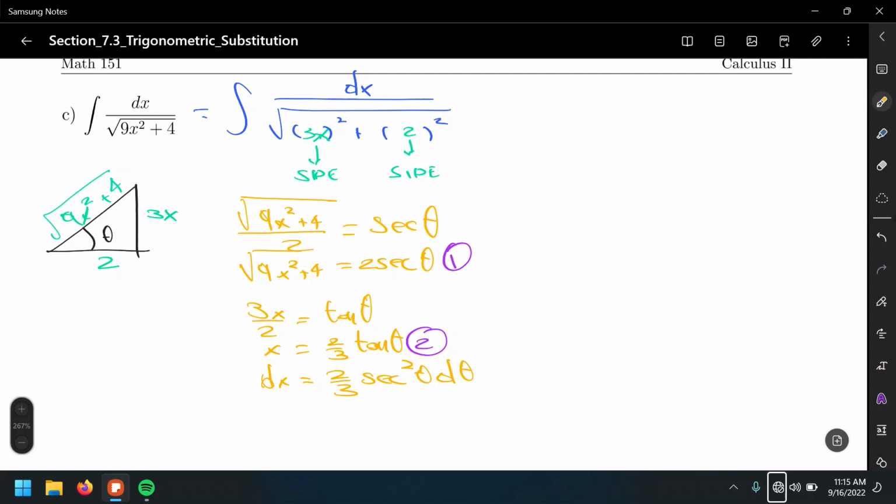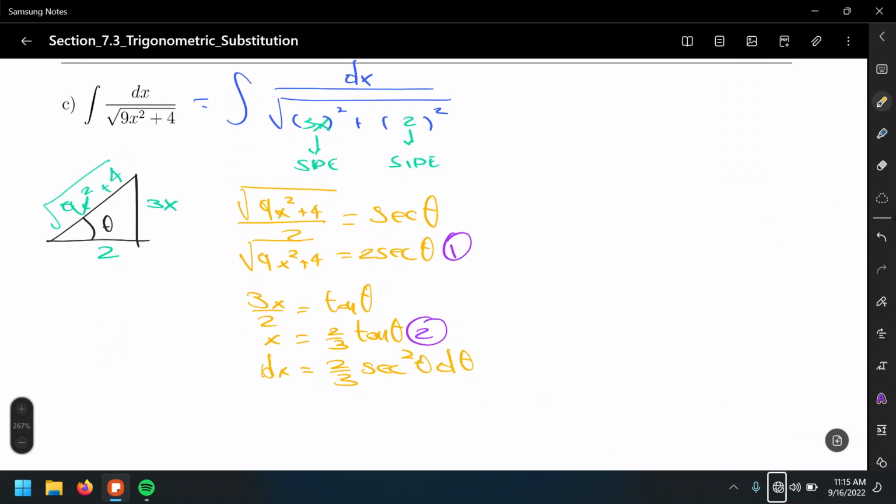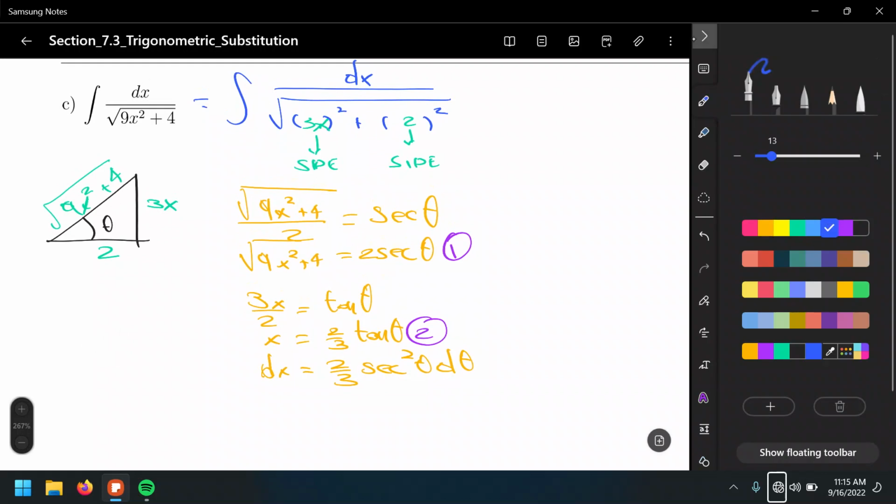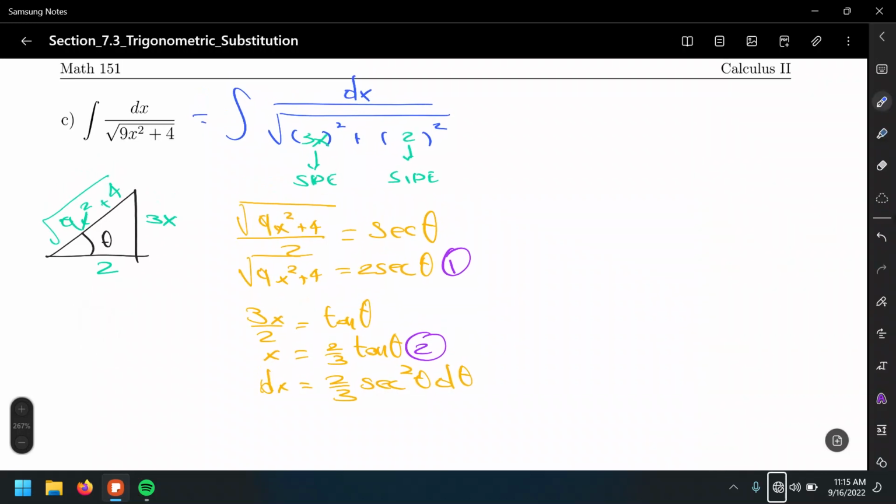Let's go back to our integral. So let's see. Actually, let me write it this way. That's the integral of the radical. What's the radical equal to? 2 secant.